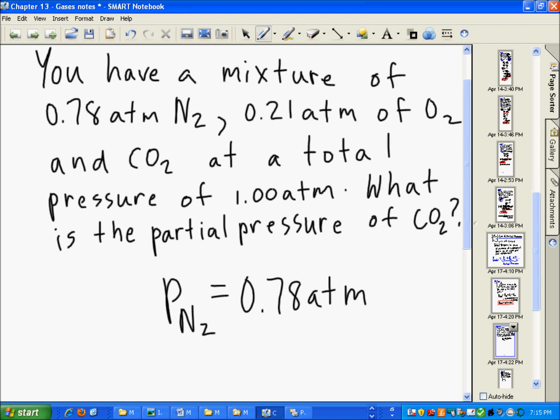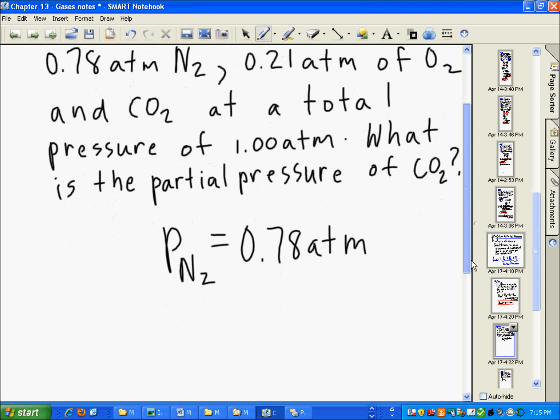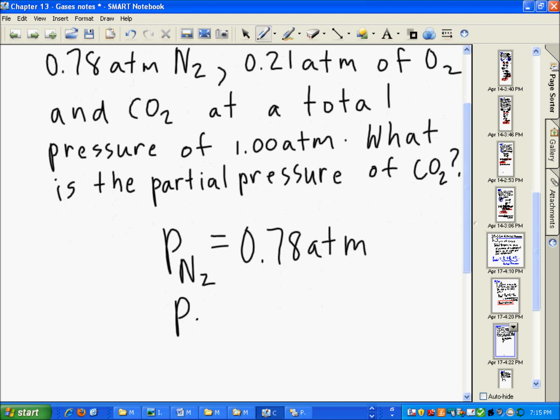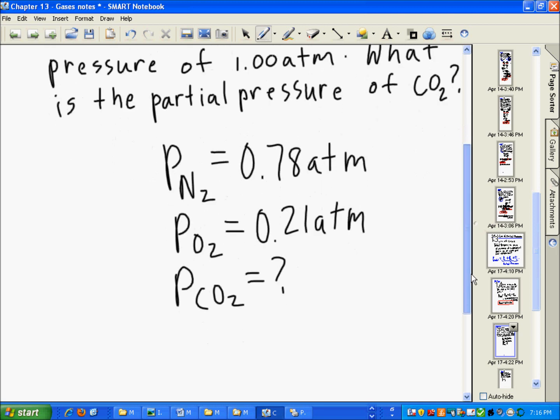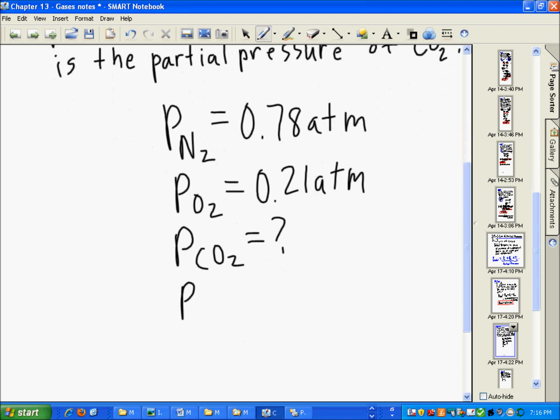We have O2, and its partial pressure is 0.21 atm. We have CO2, and we don't know its partial pressure. And we know the total pressure is 1 atmosphere.